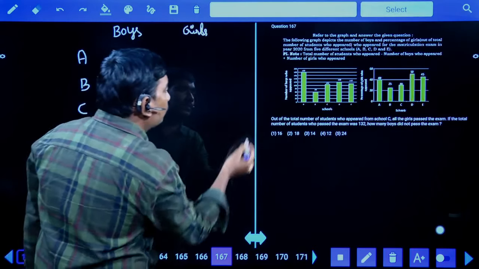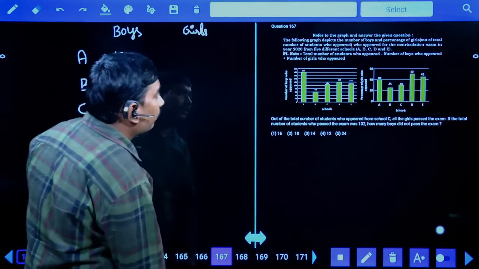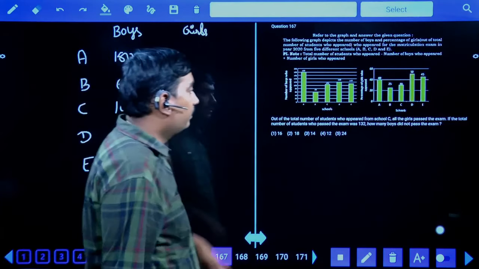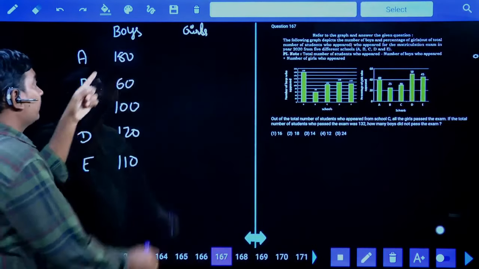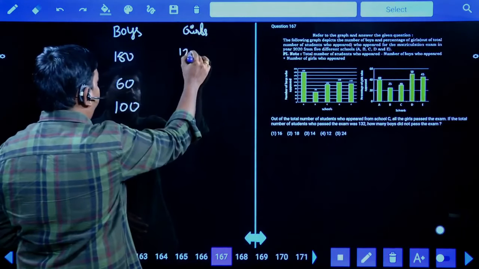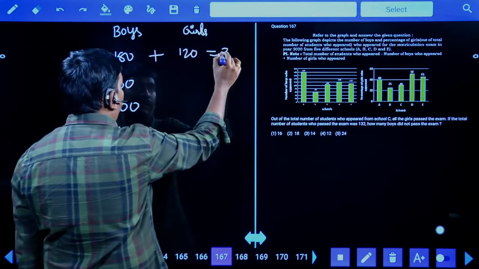School D, 120 boys. School E, 110 boys. School A: girls are 40% means boys are 60%. If 60% value is 180, then 40% value is 120. Total school A is 300.